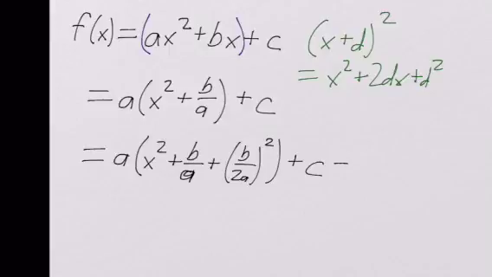I now need to subtract a times b over 2a squared.